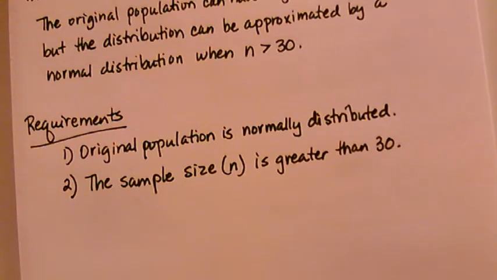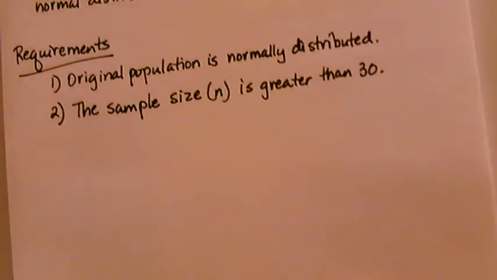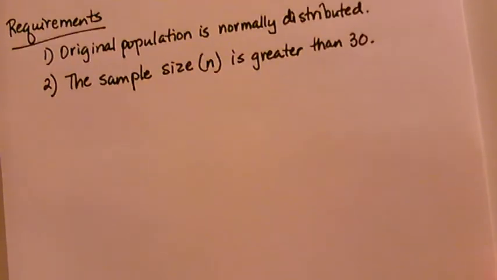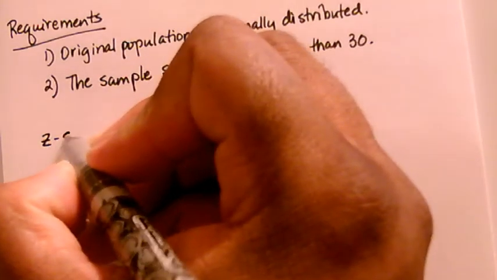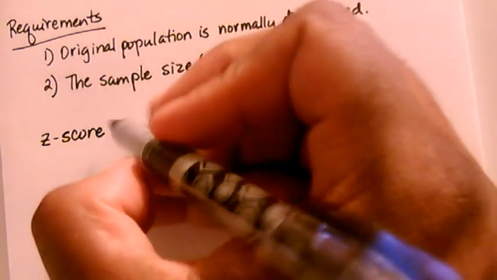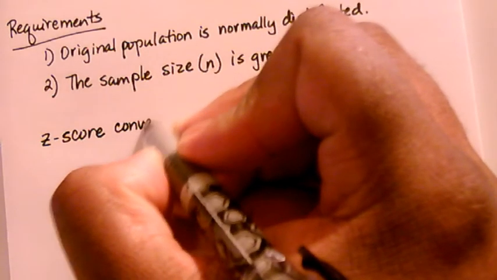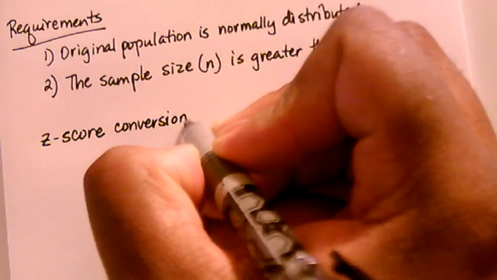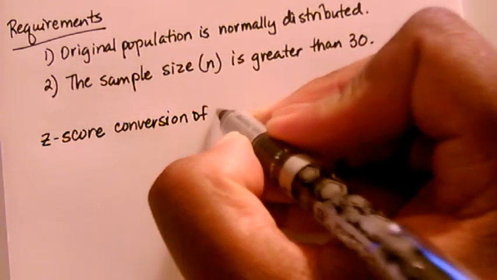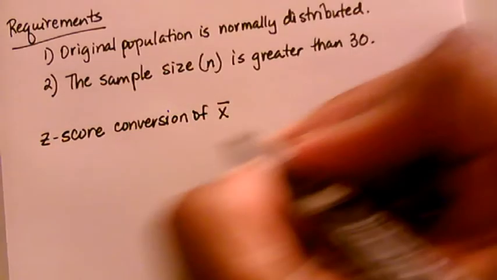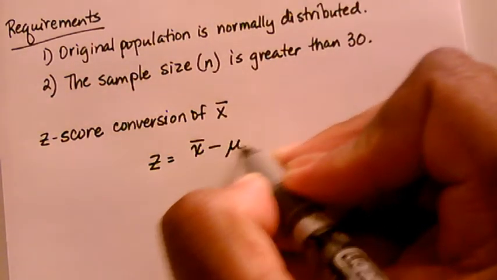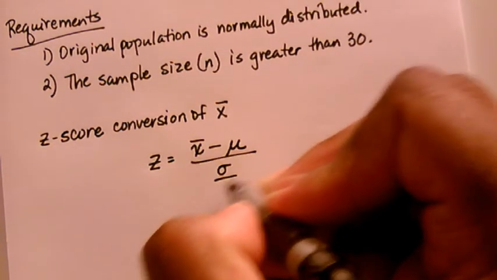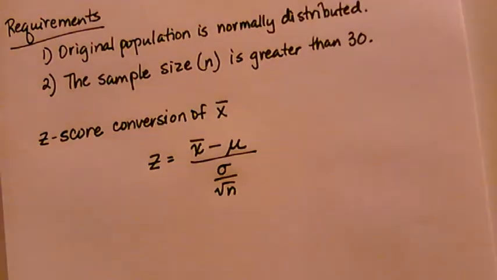Okay, now, I'm also going to give you the z-score conversion, because this one is a little bit different from the z-score that you use. So your z-score conversion is going to be this, and that's of x bar: z is equal to x bar minus mu, divided by sigma over the square root of n.